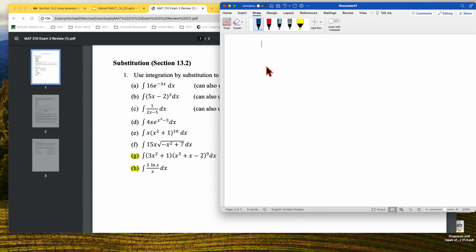So we'll do the integral of 3 natural log of x over x.